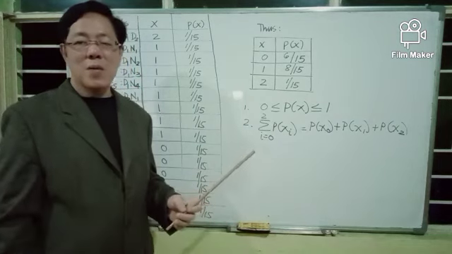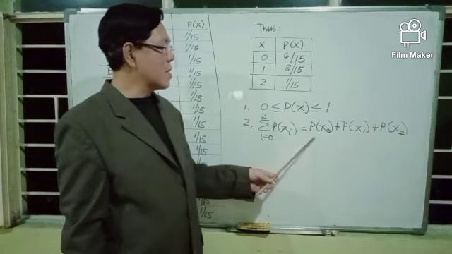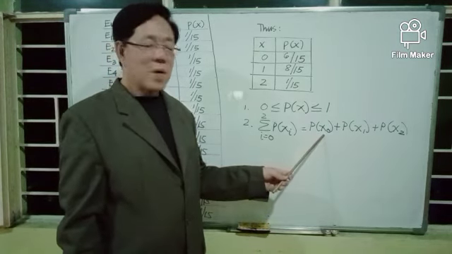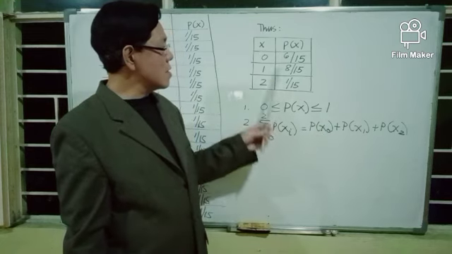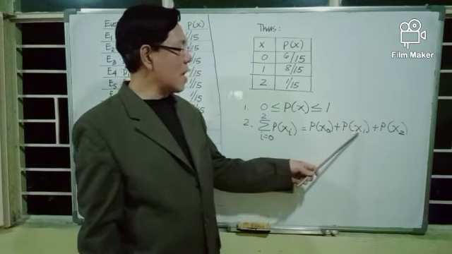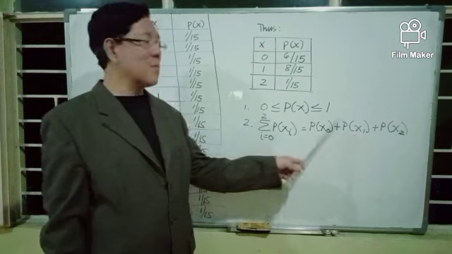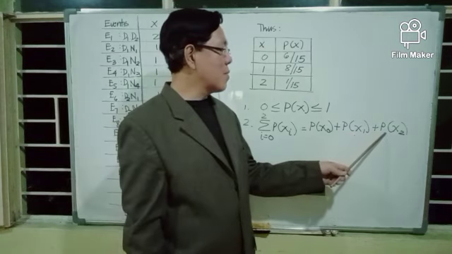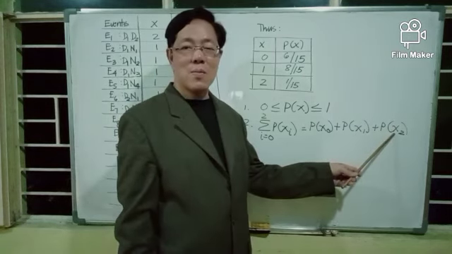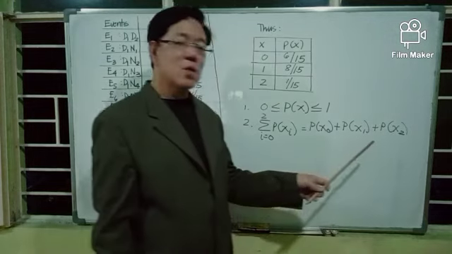The second property of probability distribution: the probability that the random variable x is 0, plus the probability that the discrete random variable x is 1, plus the probability that the discrete random variable x has a value of 2, should be 1.